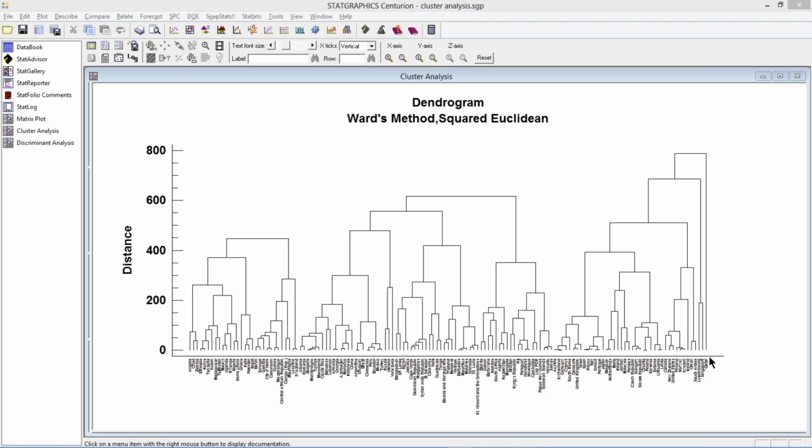If you wanted a 4th, well, Qatar is different. It's going to be its own cluster. I probably should have gotten rid of that country actually from the data set. Oh, but then again, you've got Singapore and Luxembourg also as being fairly different than the others. The dendrogram is really quite informative, though, in terms of telling you how many clusters to start with. So if you start there, you might get a good idea of how many seeds to use for k-means.